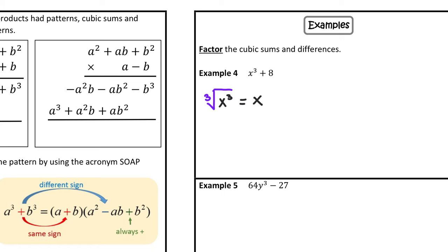The next question is, can I take the cube root of 8? Well, if you look at in your notes the cube table, what's the cube root of 8? What number multiplied by itself 3 times will give me 8? So that's 2.